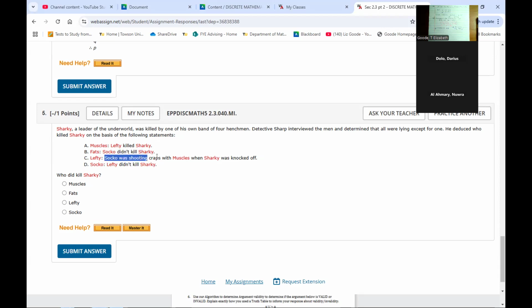Is it because Muscles and Sacco both start their statements with Lefty, and Fats and Lefty start with Sacco? Because couldn't Fats be telling the truth? Oh, it says that all were lying except one. See that?